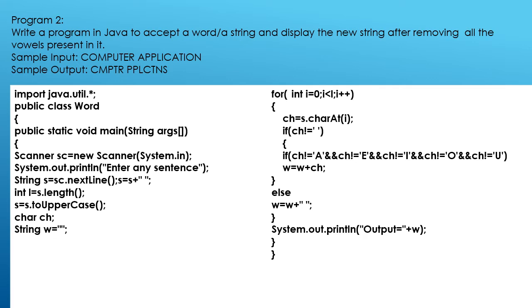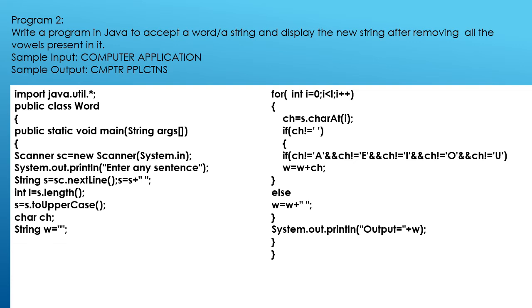Declare the variable ch as character and declare the variable w as string. Create a for loop by mentioning for int i = 0, i < l, i++. Find out the individual character and store it in ch. If ch is not equal to space, then each character is to be compared with all the vowels of the alphabet.